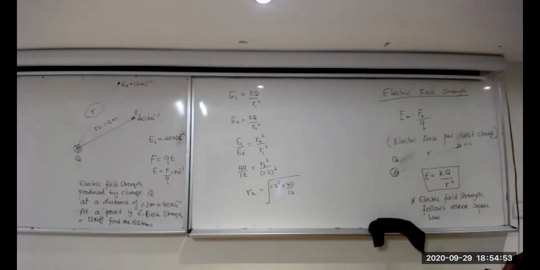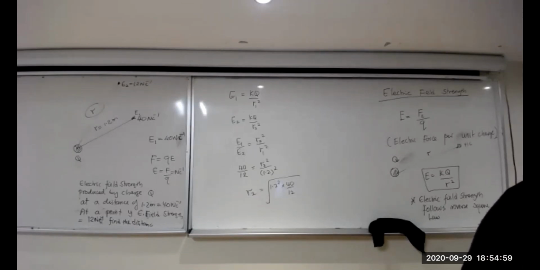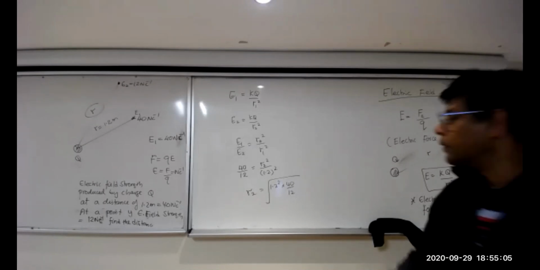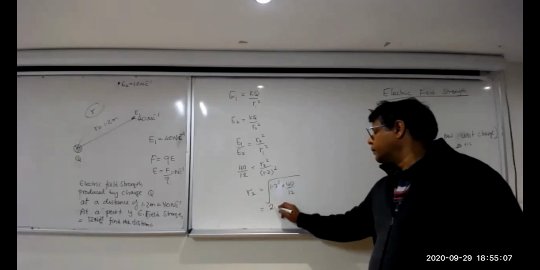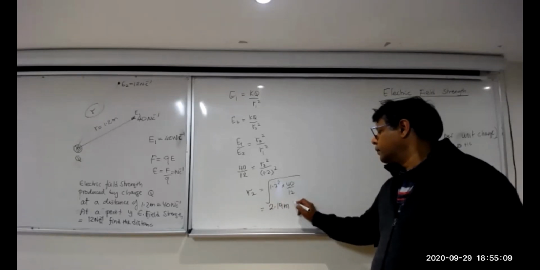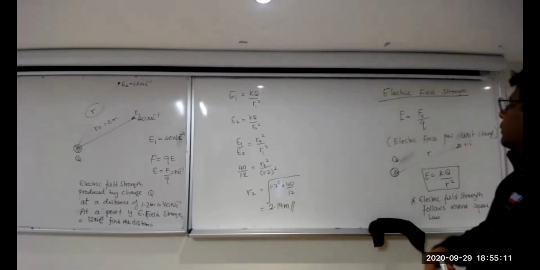Divide by 12 and get the square root of that. Yeah, 2.2. That's good. Danuka, Deshan, yeah, 2.19. That's correct. Yeah, 2.2, 2.19.